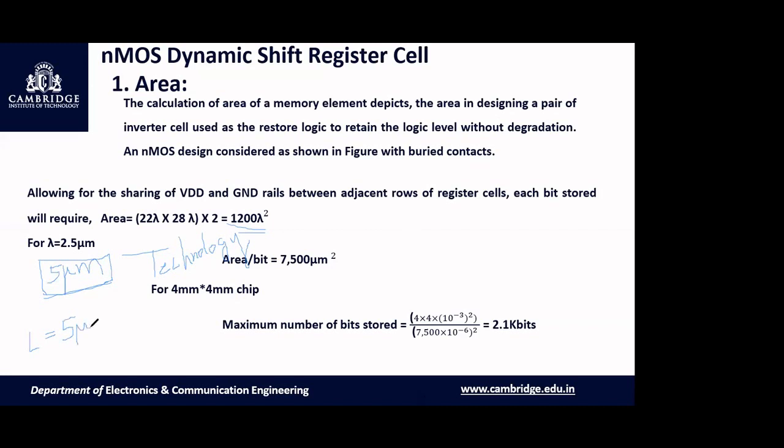Understood? There are many technologies, like 5 micrometer, 2 micrometer, 1.2, 60 nanometer, 45 nanometer, 22 nanometer, 14 nanometer. At present, some 7 nanometer technologies are running. Your Intel i7 processor was designed using 14 nanometer technology.